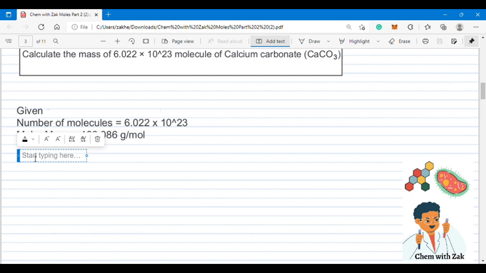So we will now say moles is equal to 6.022 times 10 to the 23 divided by Avogadro's number, which has a value of 6.022 times 10 to the 23 as well.